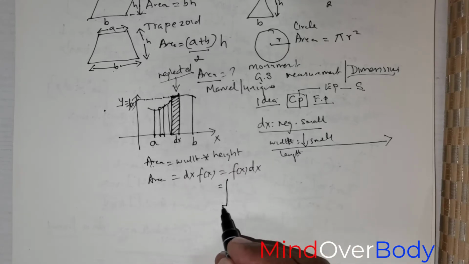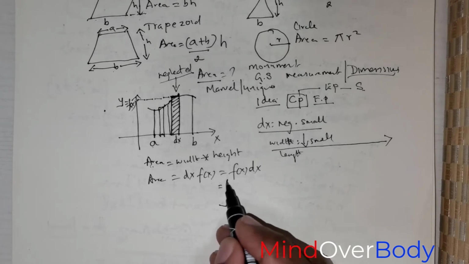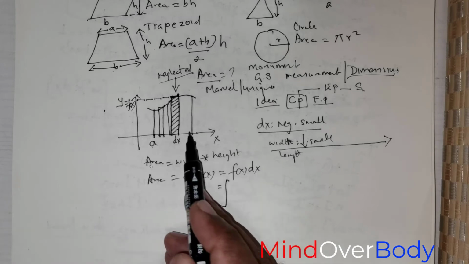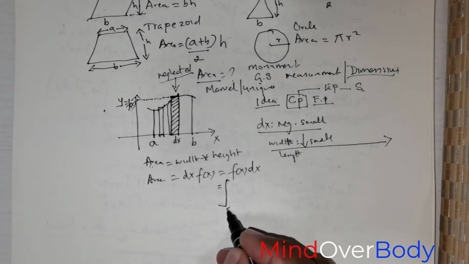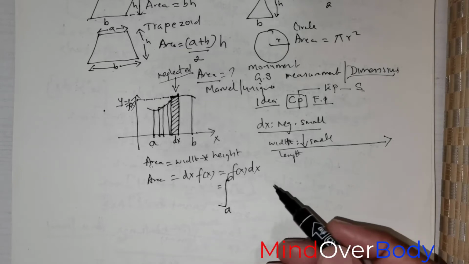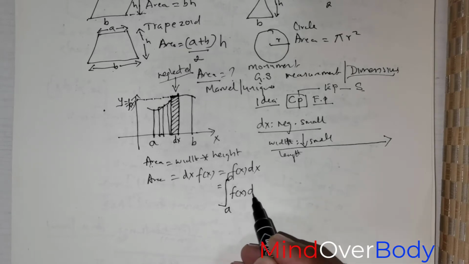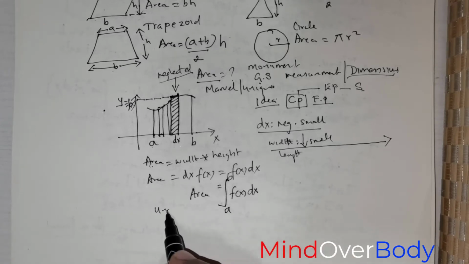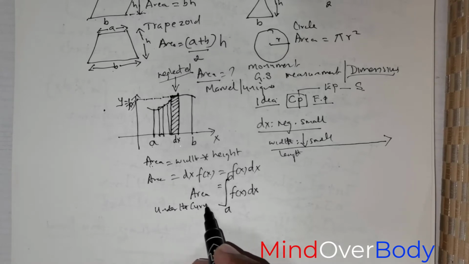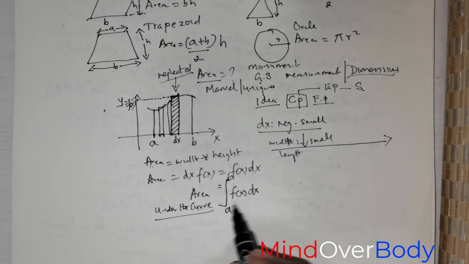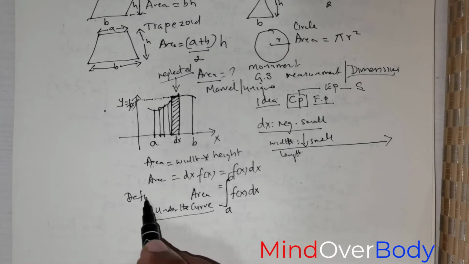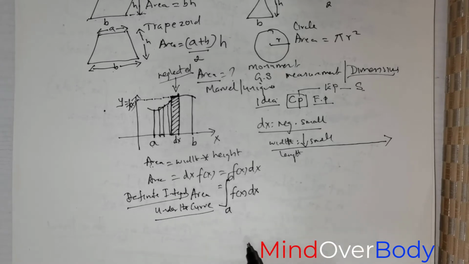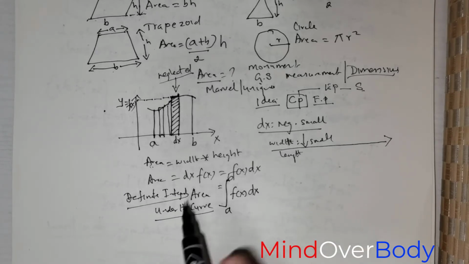The representation was like this: S. So this is a long S. S stands for sum, the summation of the area of each of these rectangular strips has to be done from A to B. And what are we going to sum? We would have to sum f of x times dx, and this is what is called the area under the curve. And this is the whole idea of definite integrals. So I hope you understood why exactly we need definite integrals.